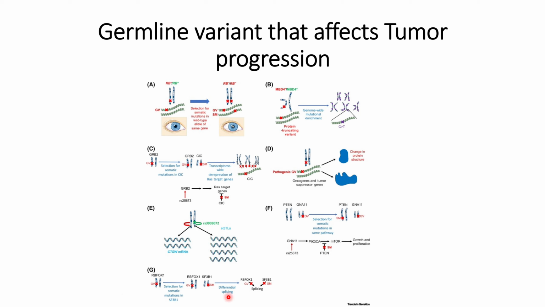The last example is affecting the splicing of mRNA. As we have discussed how important splicing is in some of our previous videos, you can check that video. In this example, a germline variant in the RBFOX1 gene will lead to mutation in other similar genes that are responsible for proper splicing.